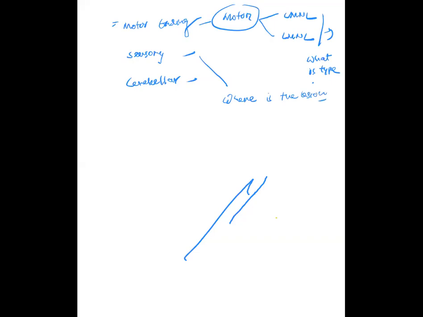So at first we do the motor system examination, which tells us whether it is an upper motor neuron lesion or a lower motor neuron lesion. Then we have examined the sensory system, which will tell us where the lesion is. In between motor and sensory, when we examine the coordination, we have examined the cerebellar system at that point.